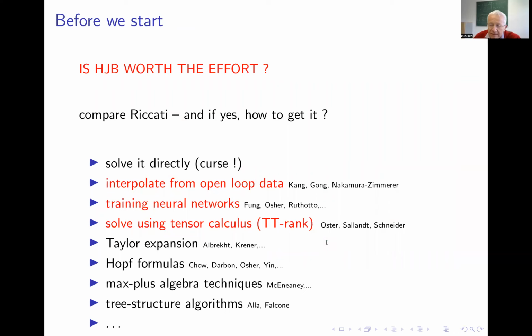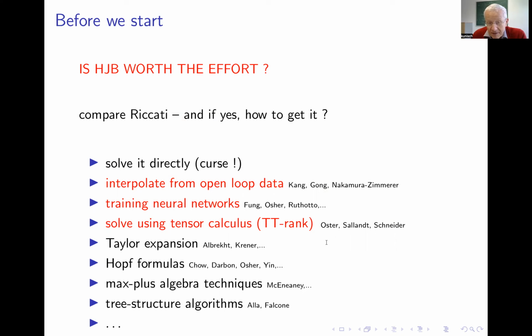Now, before we get started with this, if we want to do some numerical concepts, I always worry: is HJB worth the effort? Because we can linearize and compare to Riccati. And how is it different? One way it is really arising in practice pretty quickly is that Riccati is linear. If it works, HJB is typically, of course, giving the optimal one.